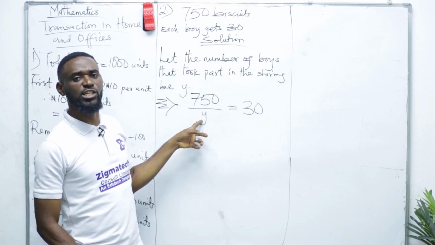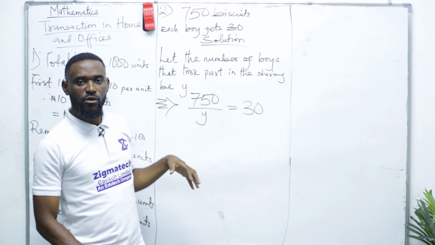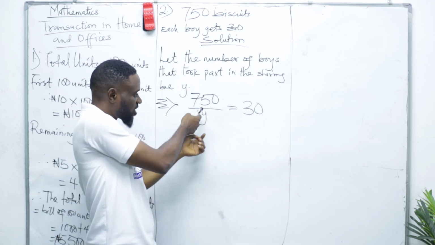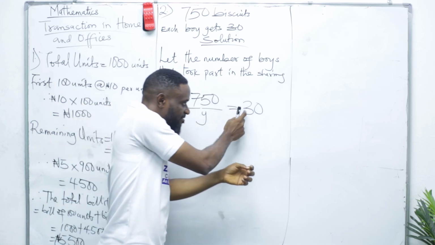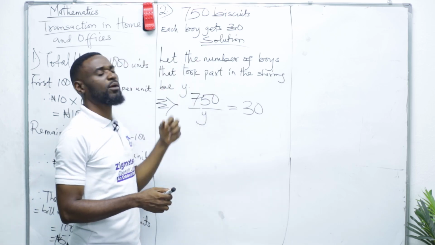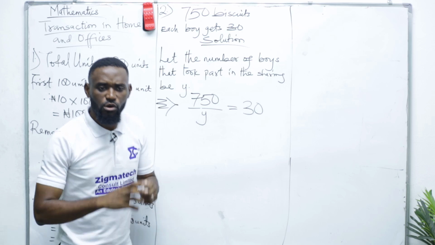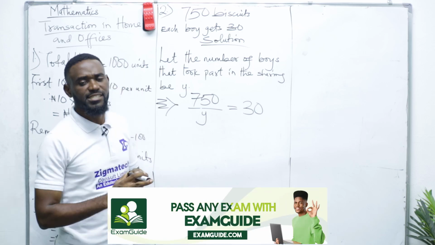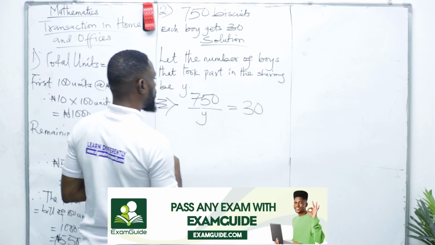We said it should be Y. And when they finish sharing this thing, it gave 30 as answer. Do you understand? So they're asking us, what is this Y? What is the total number of boys that shared the 750? All right?